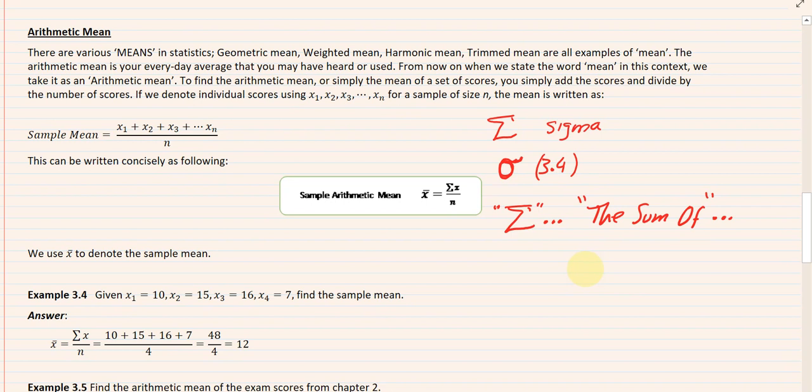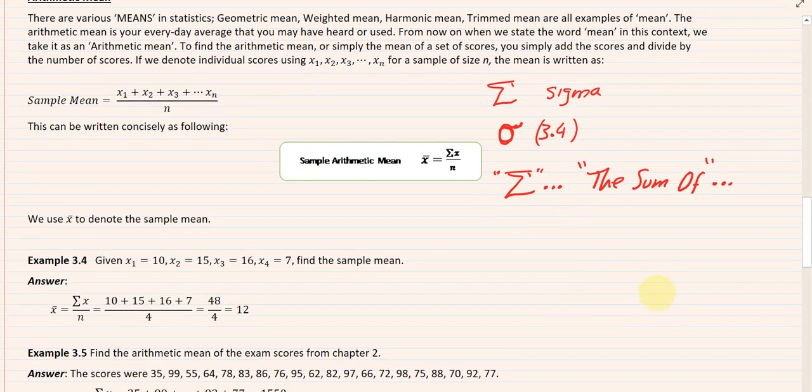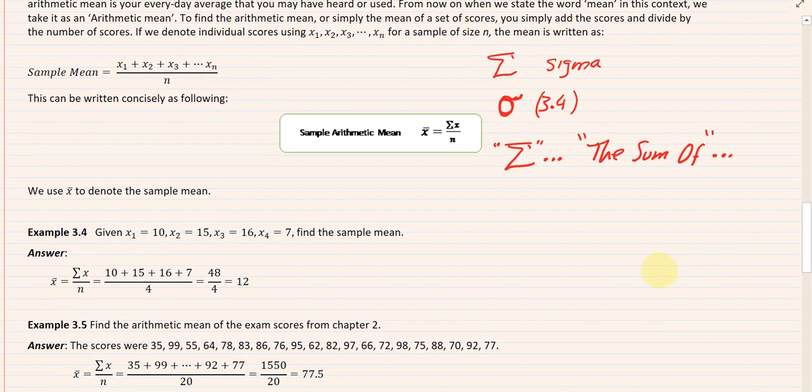And let's say in my earlier example, the numbers that I had are the exam scores for a class. And here are the scores. Remember, we found the median, the middle value, once we ordered them, to be 77.5. So for that same set of scores, we want to find the mean.